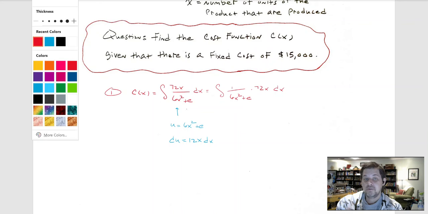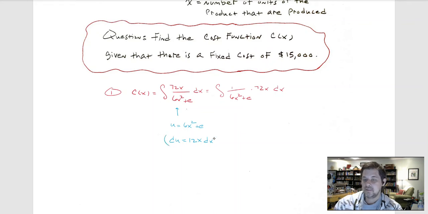So another way that I could do this is, let's see, if I want this to fit up there, and this says 12x dx, but up here it says 72x dx, could you multiply 12 by something to get 72? Yeah, I can multiply it by 6. I'll take this equation, I'll multiply both sides by 6. You can do that. You can take an equation, you can multiply both sides by whatever you want. And I'll get 6 du on the left, and 6 times 12 is 72x dx.